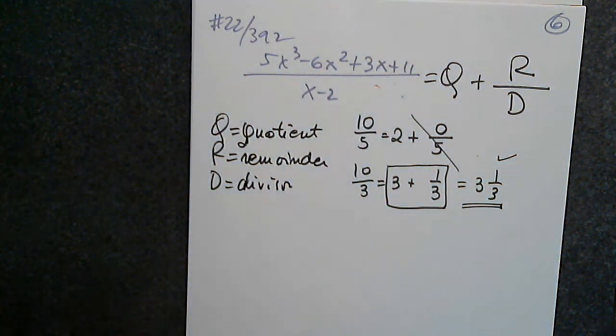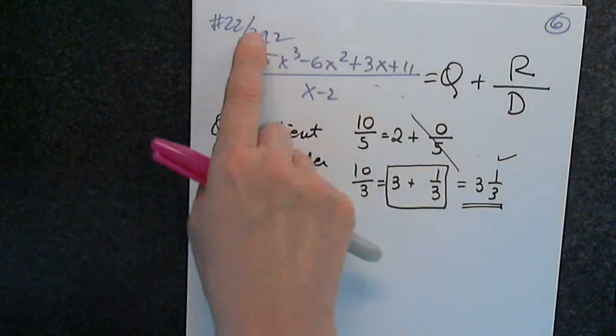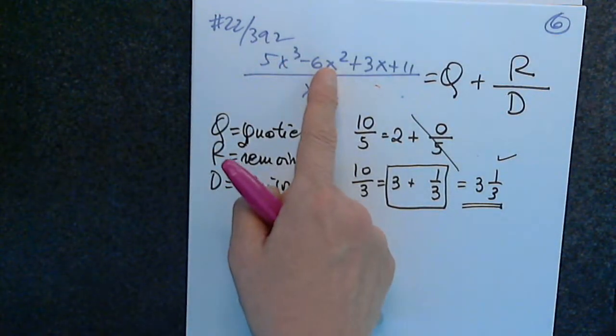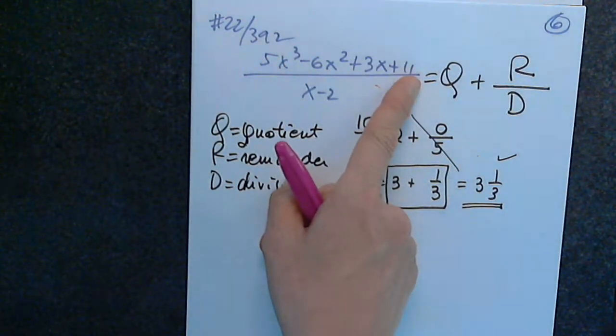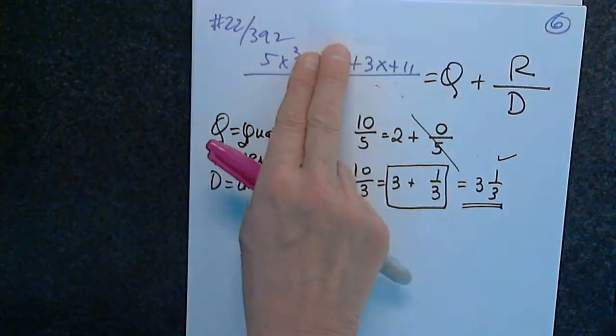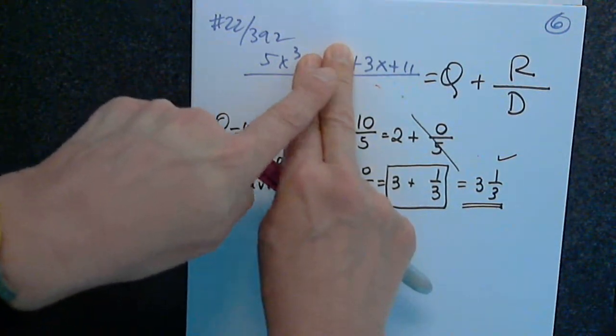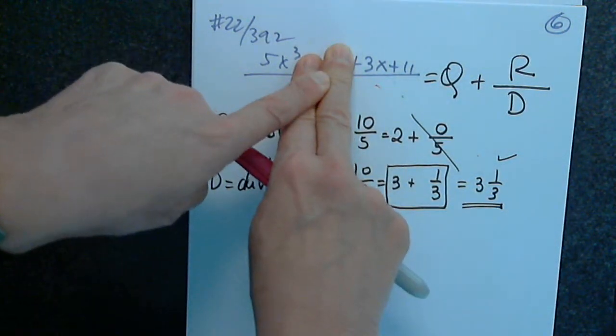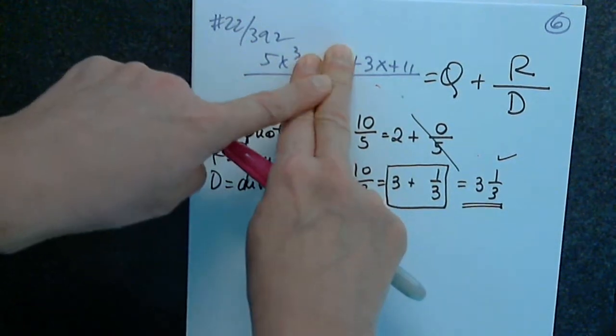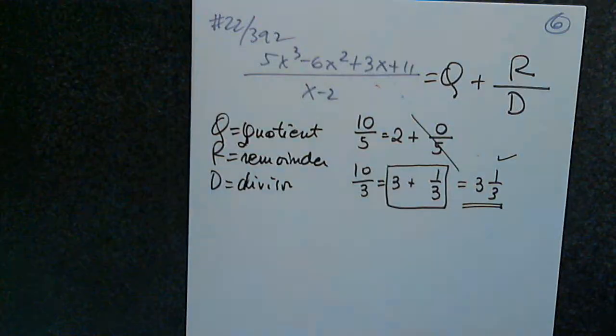Is there a missing term? What is the degree of this polynomial? There is no missing term because the degree is 3. Degree 3 is there, degree 2 is there, degree 1 is there, and degree 0 is there. If, for example, this were not there, I would have had to put a 0 for x squared. But everything is there, nothing is missing.